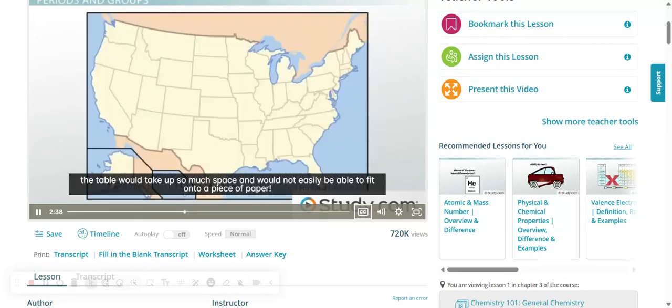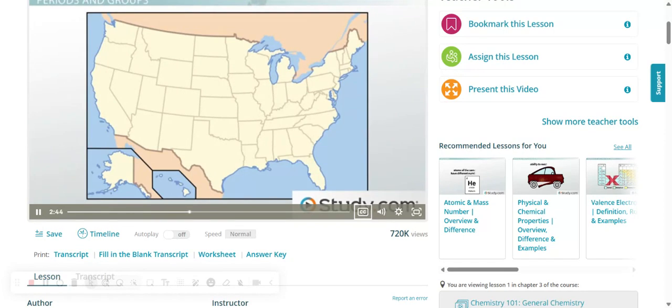You know how sometimes Alaska and Hawaii are put in a different location on a map of the United States?